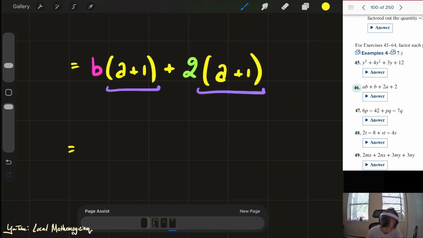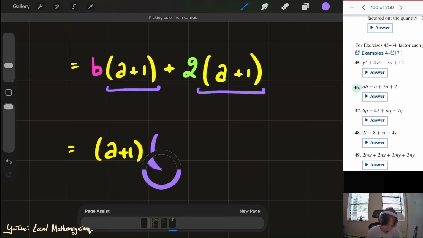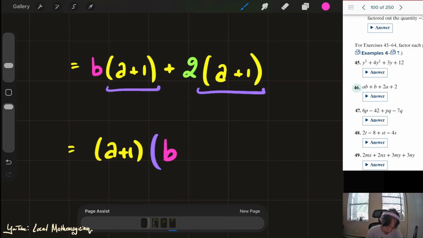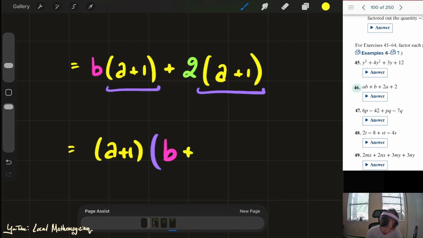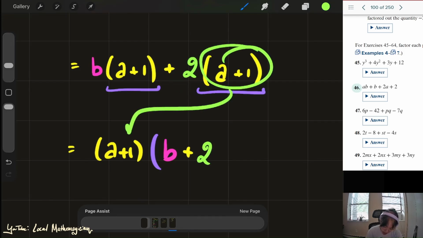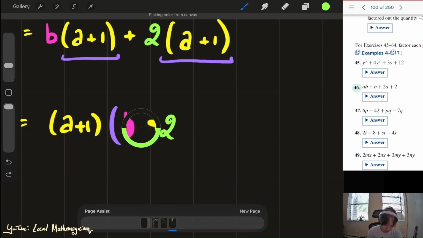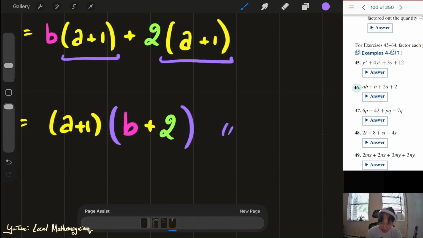That means you can write this as, if you factor out the a plus 1, just like with that 3 and the 2 plus 1 situation earlier, you have a b, because you take this out and put it here, plus 2, because this has been taken out and put here. And you're done. Easy money.